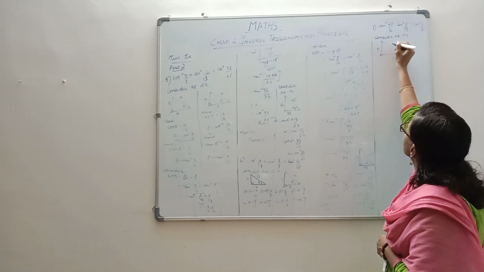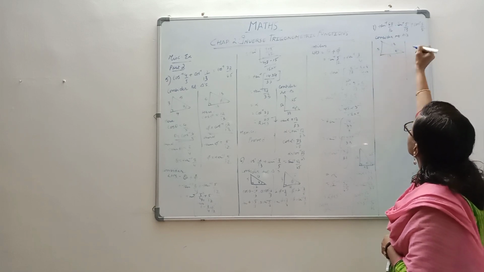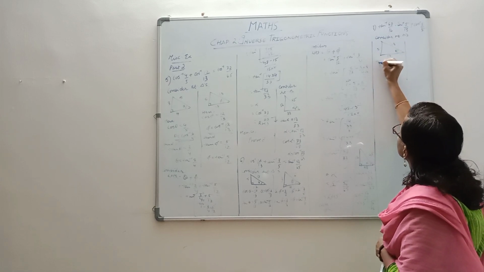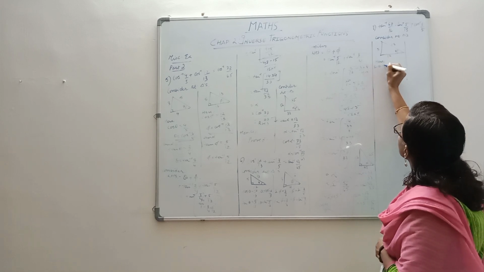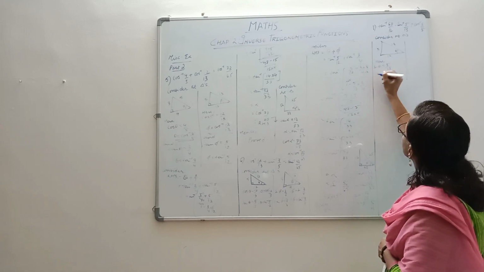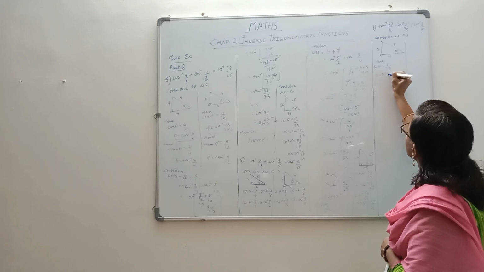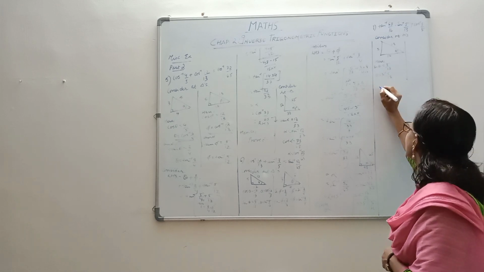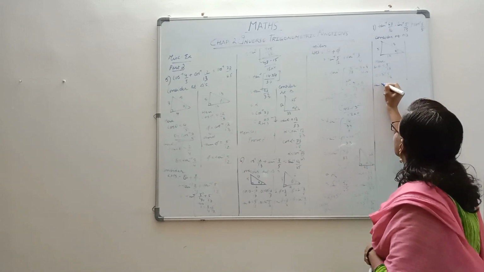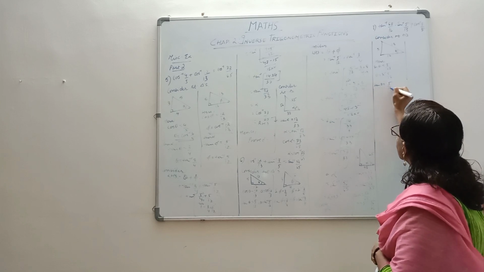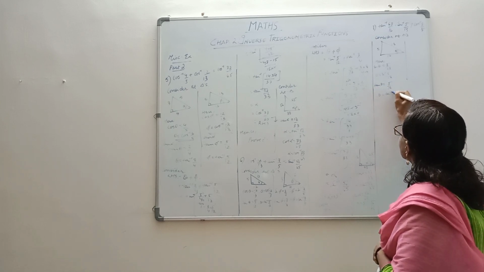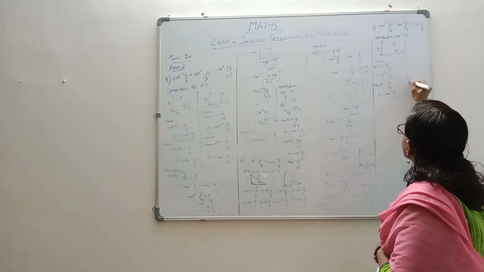Theta, 5, 13, 12. So here sin theta is 5 by 13. Theta is sin inverse of 5 by 13. Tan theta is 5 by 12. Theta is tan inverse of 5 by 12.